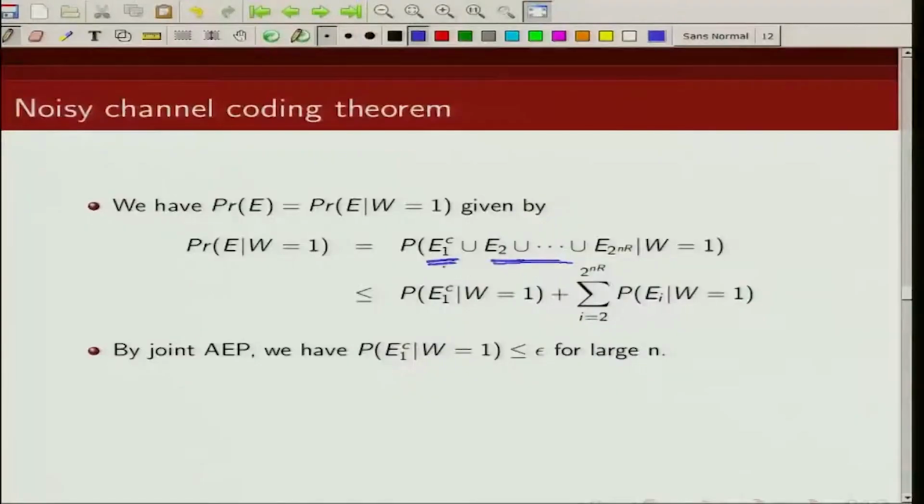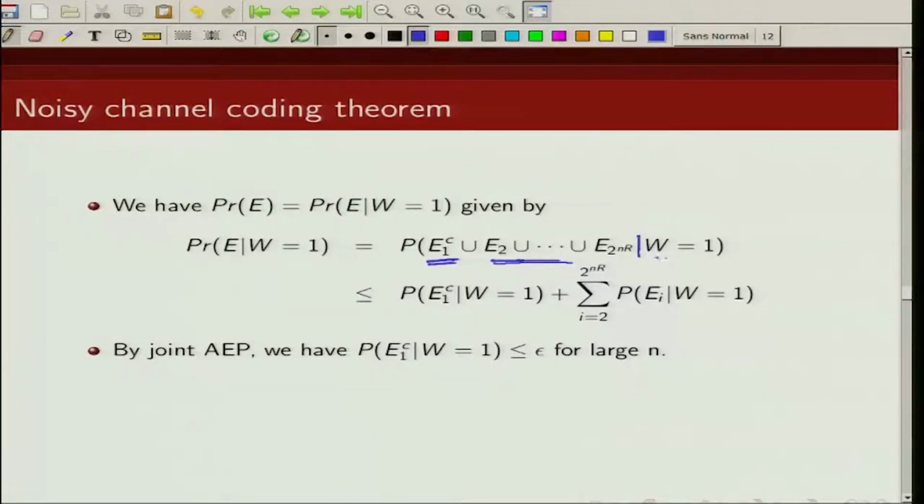So I can write the probability as probability of E1 complement union E2 union E3 union up to E_{2^{nR}}, given that the first index was sent.